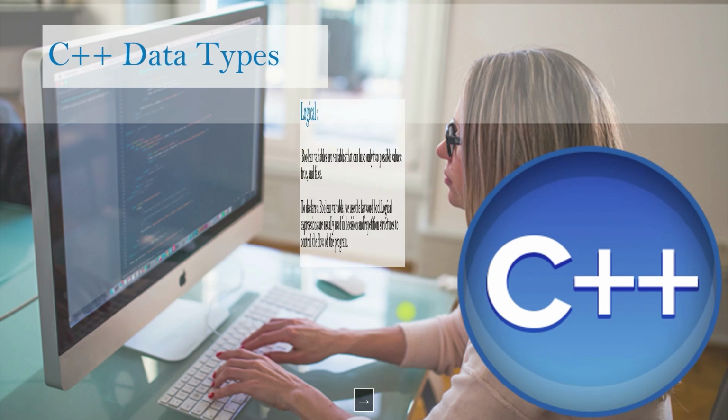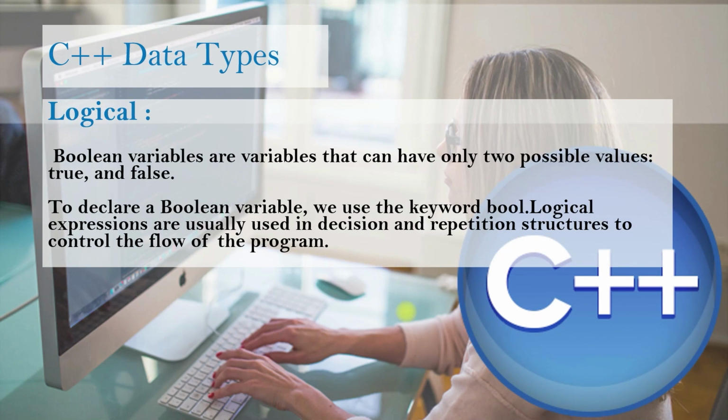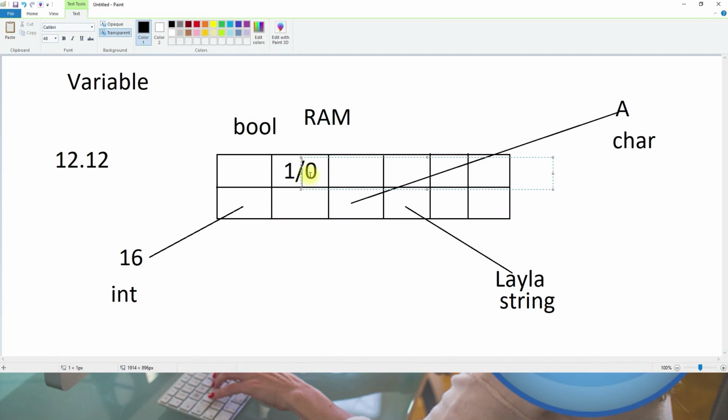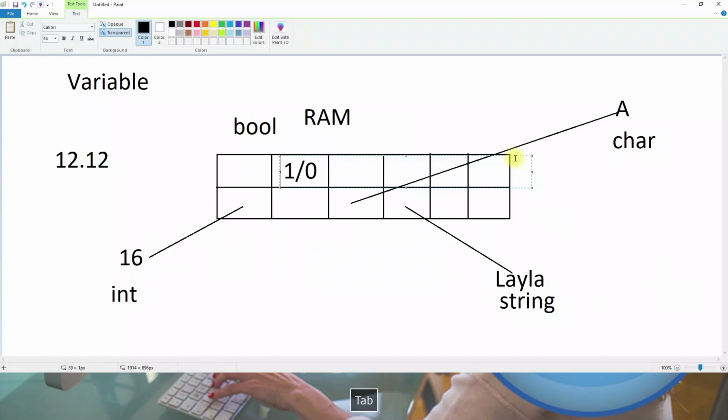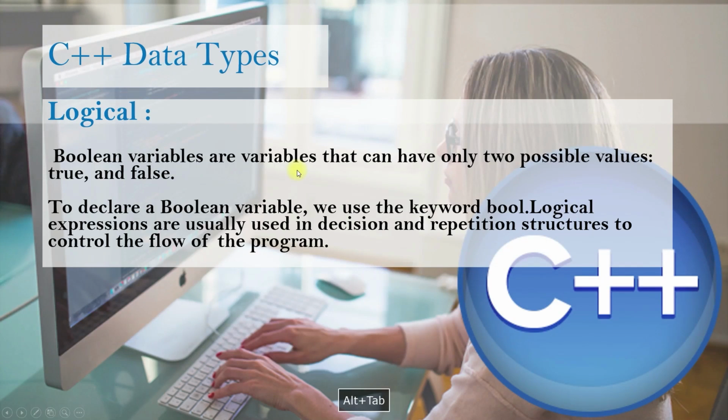The next one is what? Logical data type. Boolean variables, those memory places whose data type is Boolean, are variables that can have only two possible values, true or false. In here I said 0 or 1, but in here it says true or false.